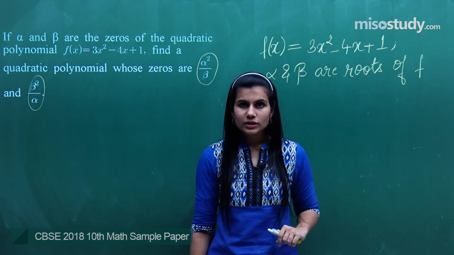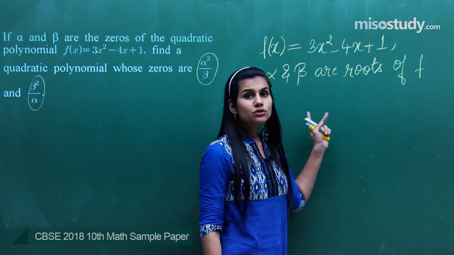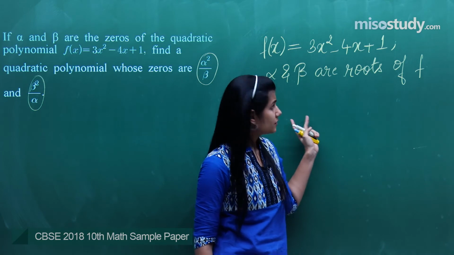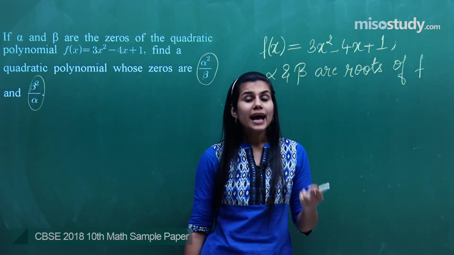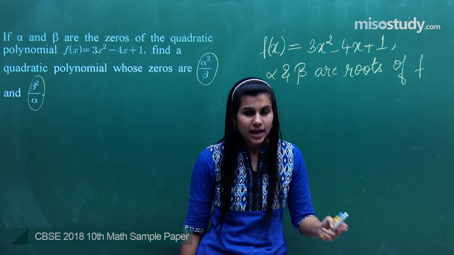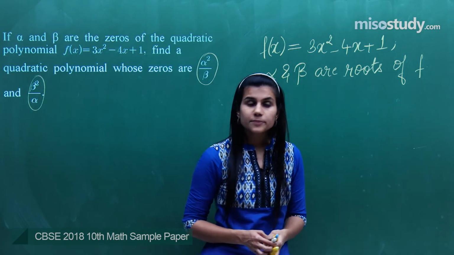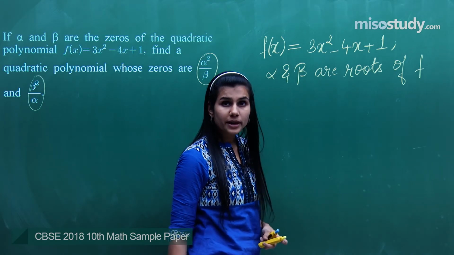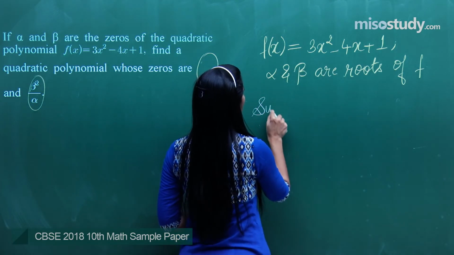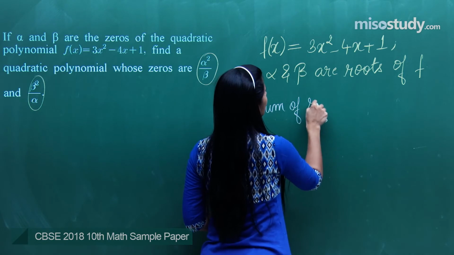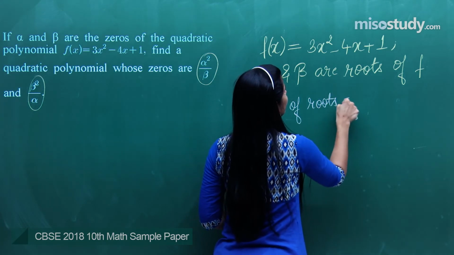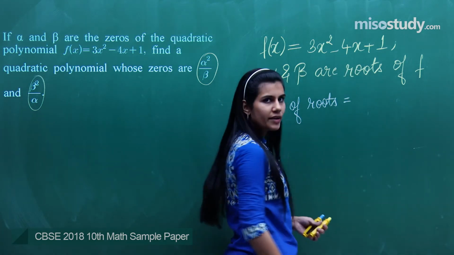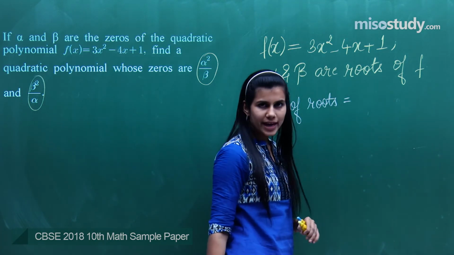Again, a very interesting question. Right now, the moment you see polynomials, there are certain things which should pop up in your mind. What are they? You know you can find out the sum of the roots and you can find out the product of the roots. Right now, if alpha and beta are the roots of the polynomial f, sum of the roots is minus b by a, where b is the coefficient of x and a is the coefficient of x square.